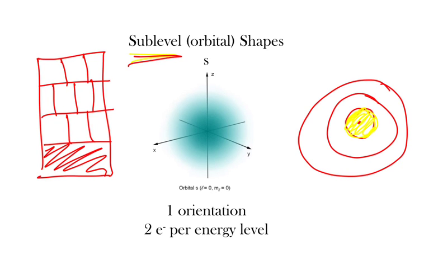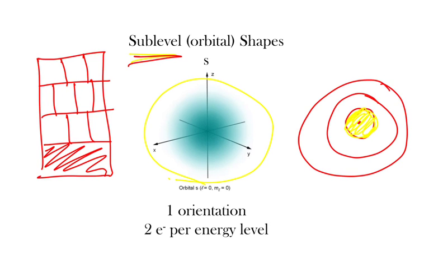So what you see here with the picture, right in the middle of the page, is an S-shaped orbital, or a spherical orbital. And you can see it kind of looks like a cloud, where it's most dense in the middle, where you're most likely to find the electrons. Down here it says one orientation, because basically you could only have one sphere of a certain size.